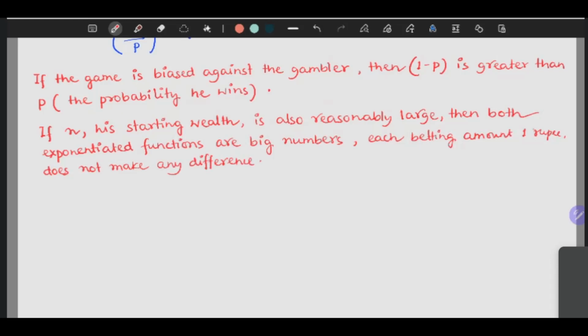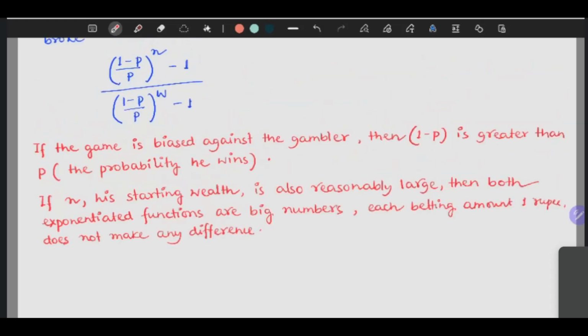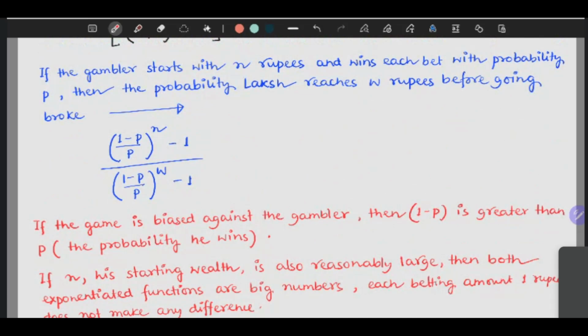Okay, so that means her probability of reaching w dollars is very close to all these things. That means this term will be much more than this.